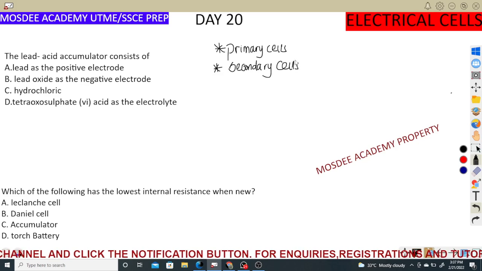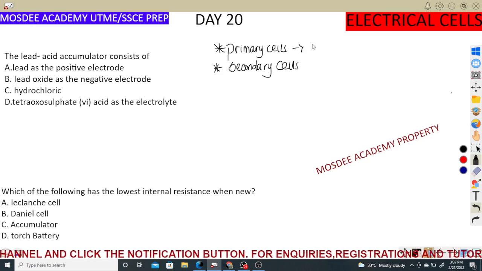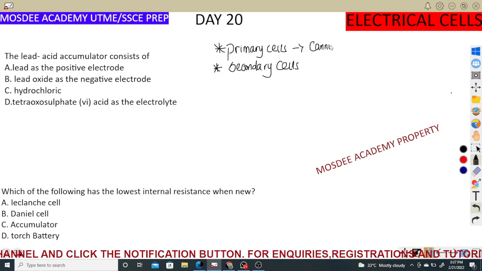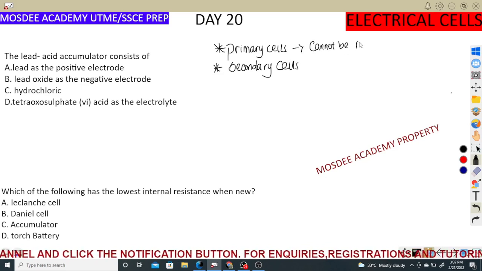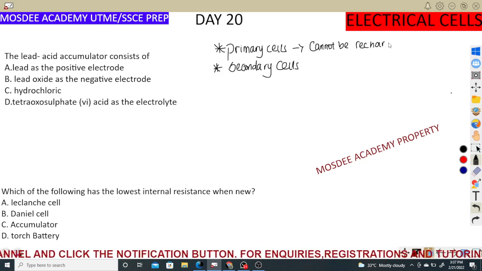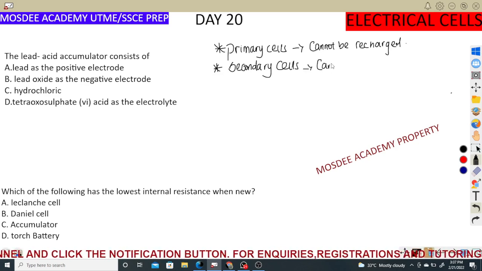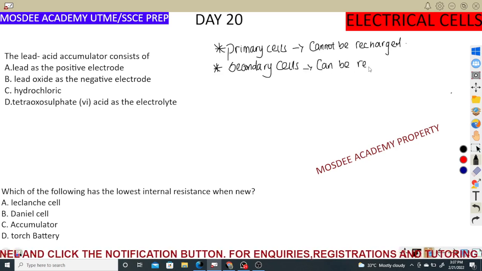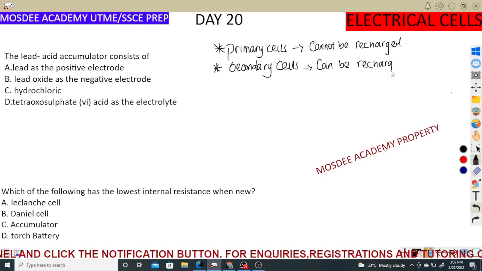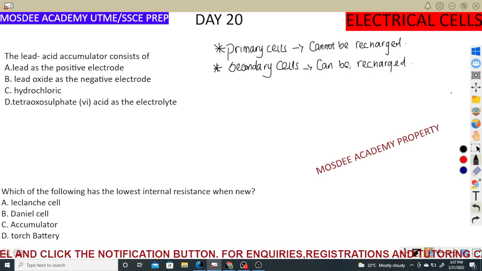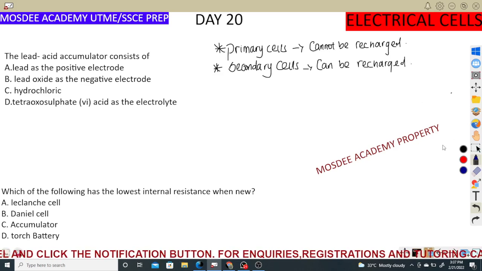Now, we saw the basic difference. A primary cell cannot be recharged after use, while a secondary cell can be recharged. Now, to understand how it is being done, we have a lot of examples.